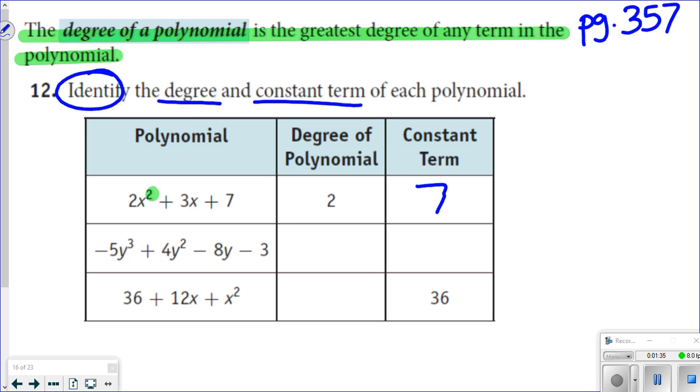So I want you to pause the video and try to fill in the 3 missing boxes.